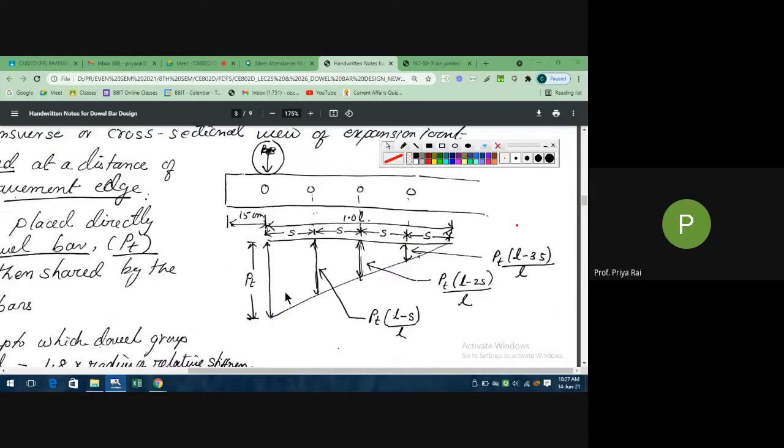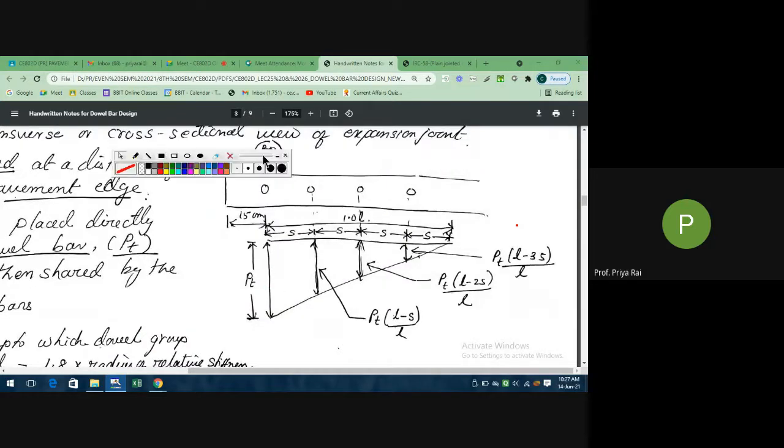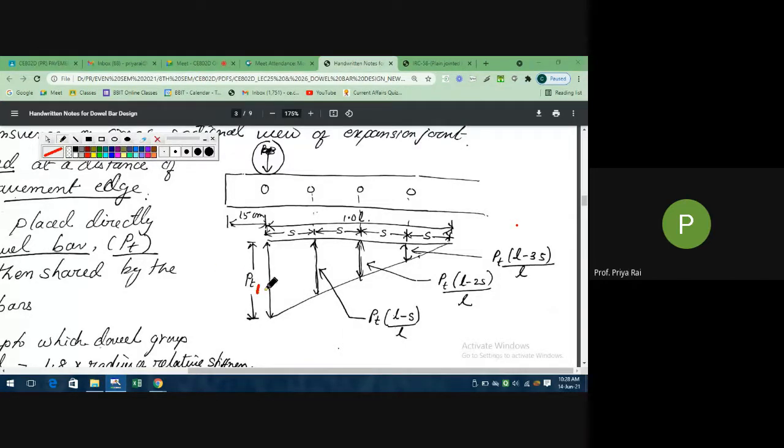See here, this is PT1, and as we go inner side from the edge, your load will be reducing. Then comes PT2, then comes PT3, then comes PT4.